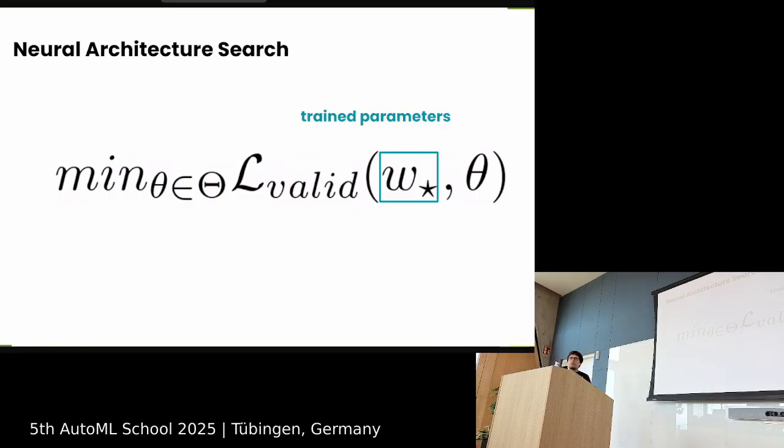Just in NAS, you need to train a neural architecture, which is usually much more expensive than, for example, training an XGBoost model or a support vector machine or something like that. And on top, as we're going to see in a second, those search spaces, compared to the search spaces that we usually have in HPO, are more diverse, higher dimensional, with discrete parameters. So they're more complicated to explore.